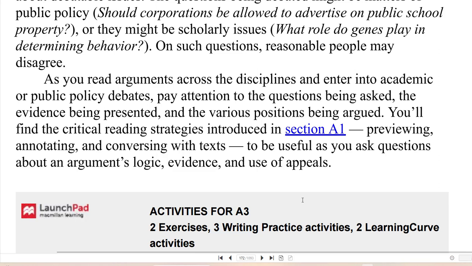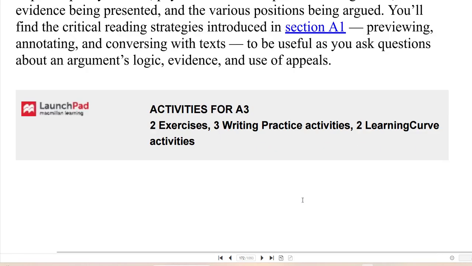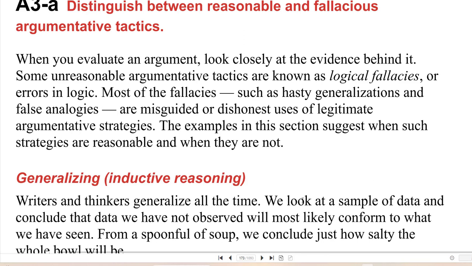You'll find the critical reading strategies, previewing, annotating, and conversing with texts, to be useful as you ask questions about an argument's logic, evidence, and use of appeals. When you evaluate an argument, look closely at the evidence behind it.